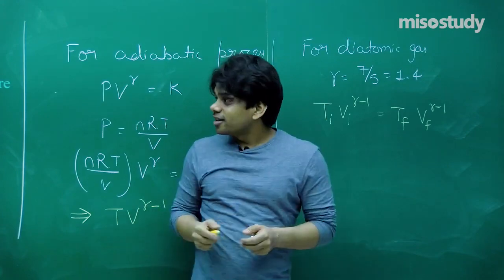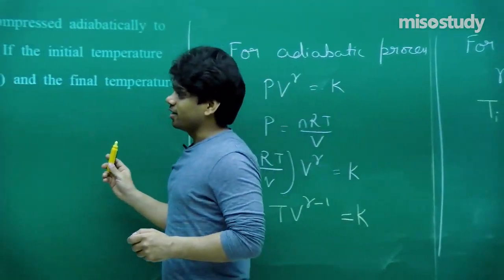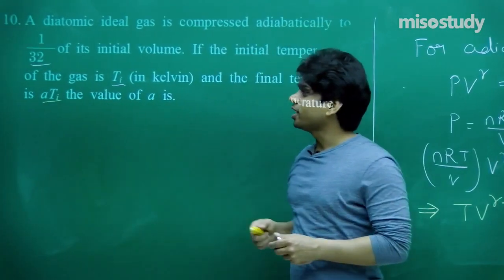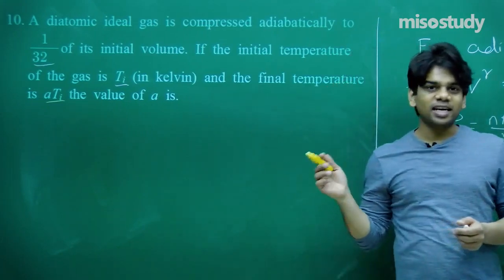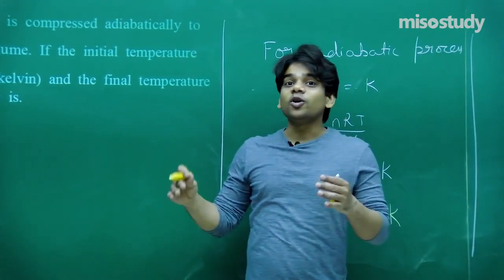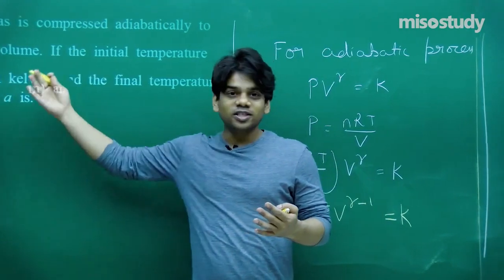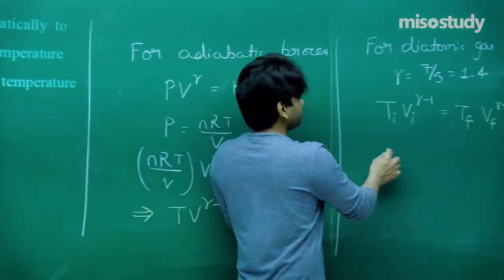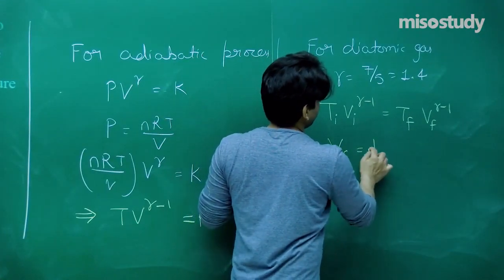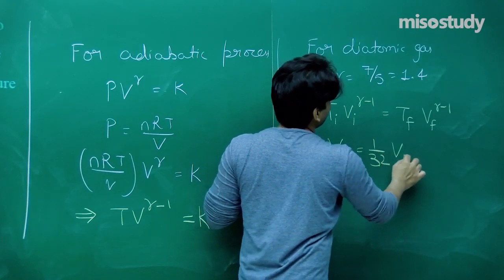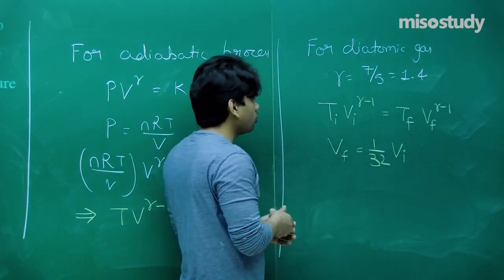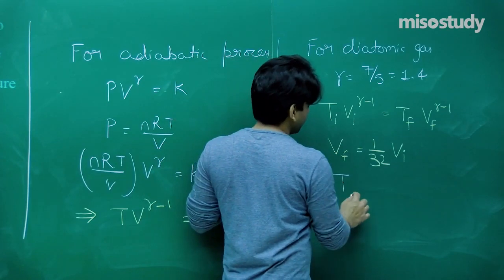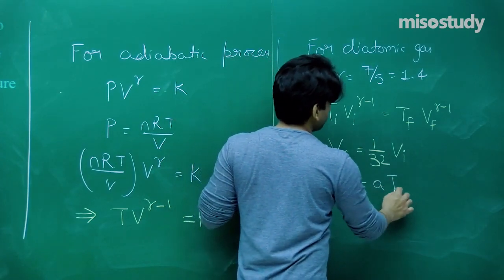Given that the final temperature is A into Ti and the initial temperature is Ti, and the volume reduces to 1/32 of its initial volume, we can write volume final is 1/32 of its initial volume and temperature final is A into Ti.